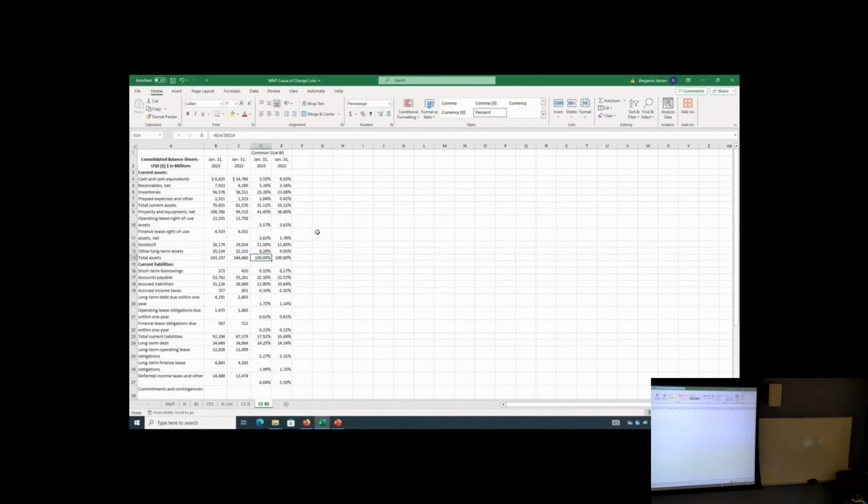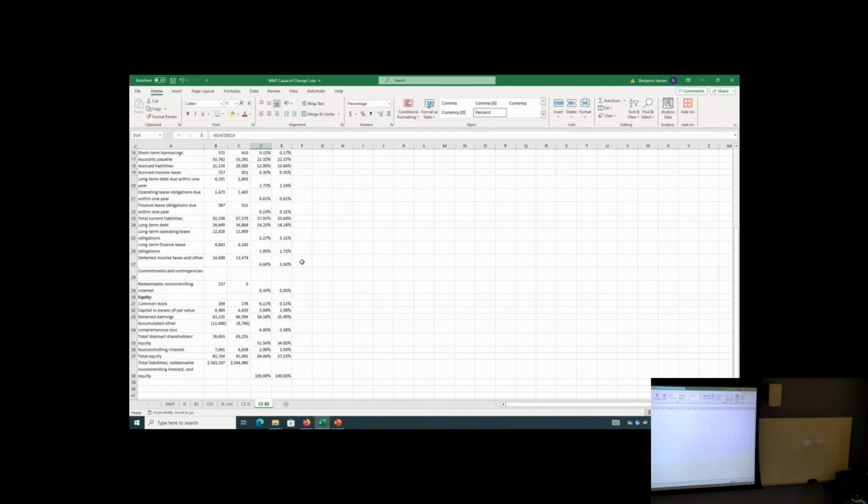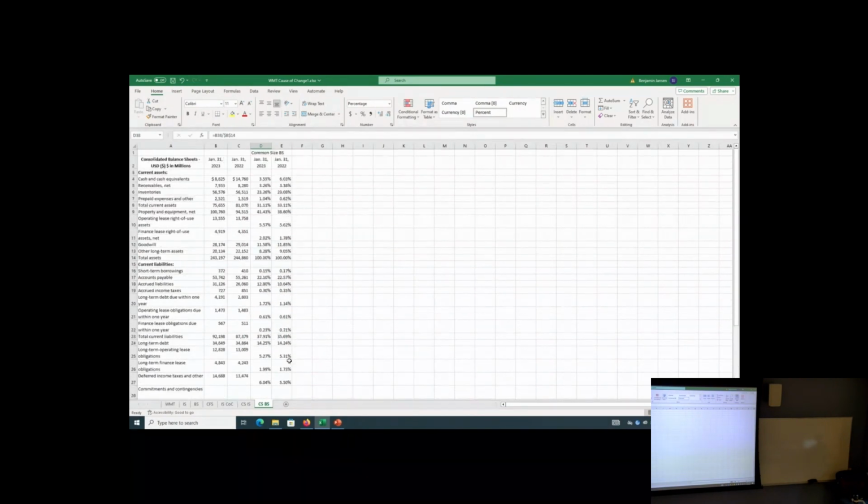We're good. Similar to finding revenue as a percent of revenue, it should equal itself, so 100% of itself. Same thing when we're looking at the liability side. Assets equal total liabilities. It's the balance sheet. It's called that for a reason.